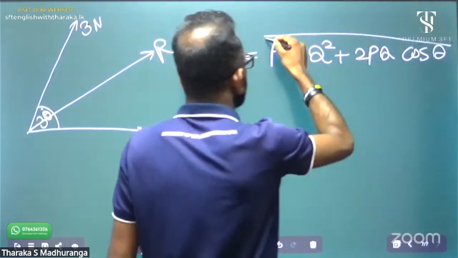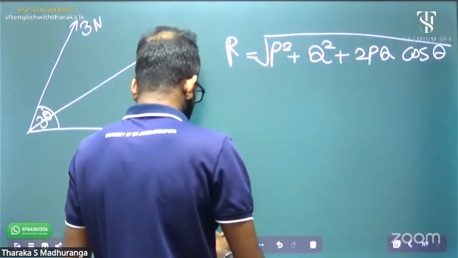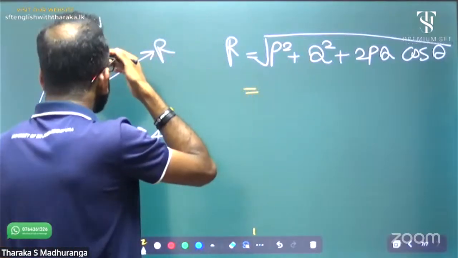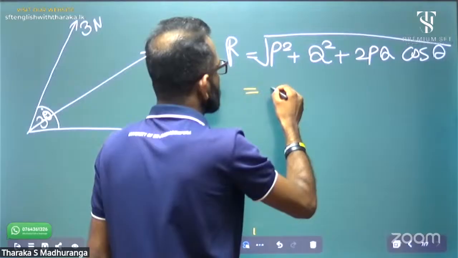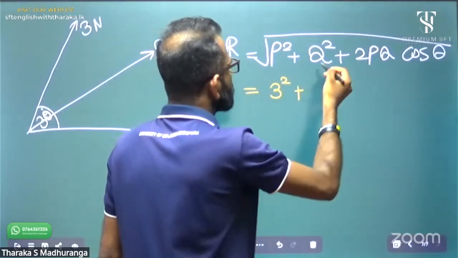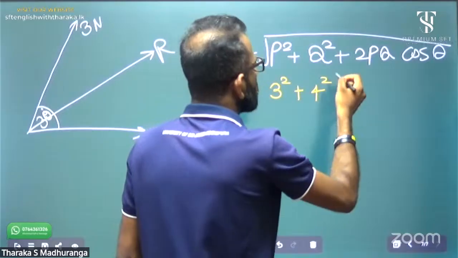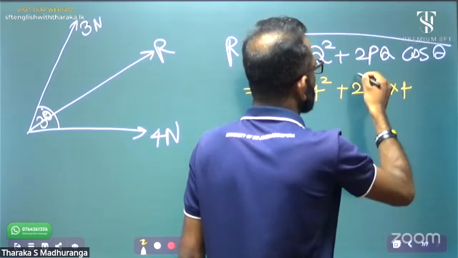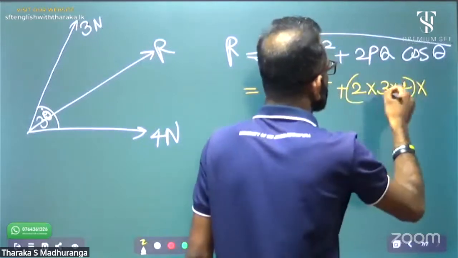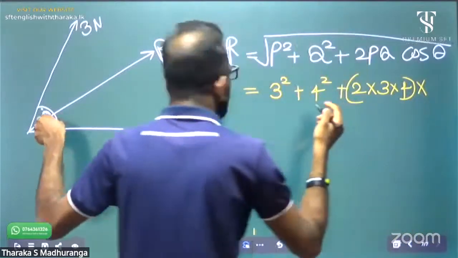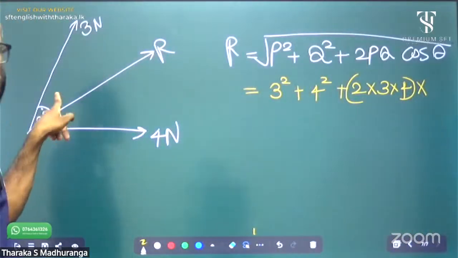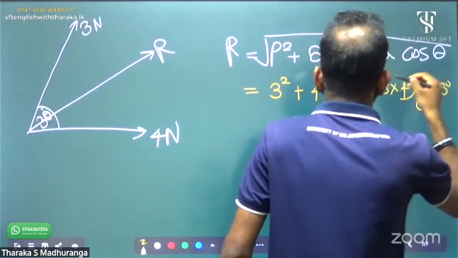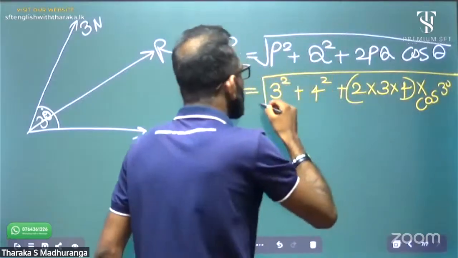Don't forget the square root. P is 3. So 3 squared plus Q squared, 4 squared, plus 2PQ, 2 into 3 into 4, into cos of the given angle, cos 30, full square root.